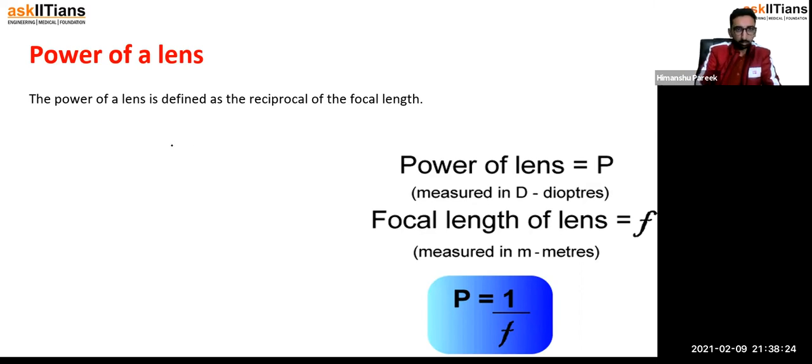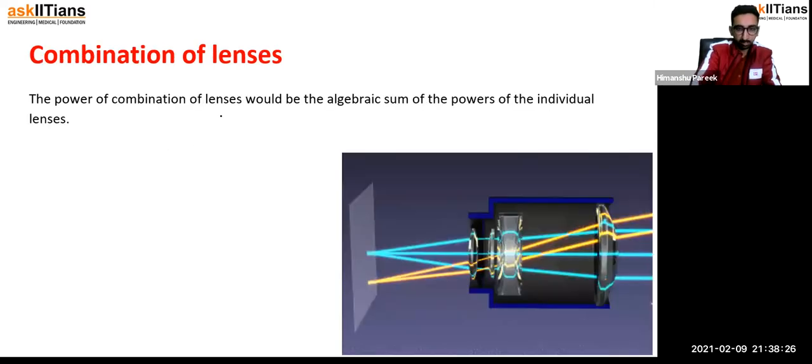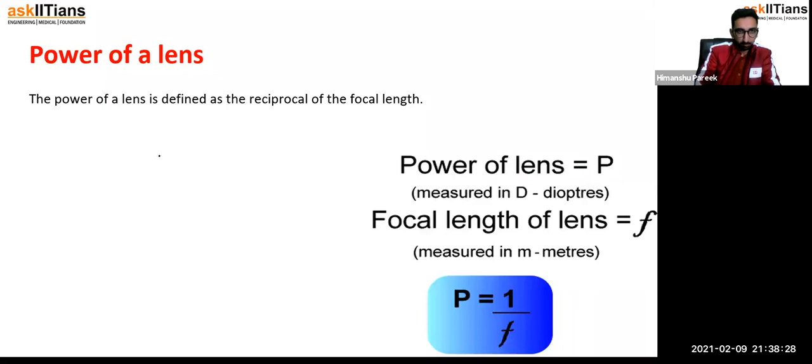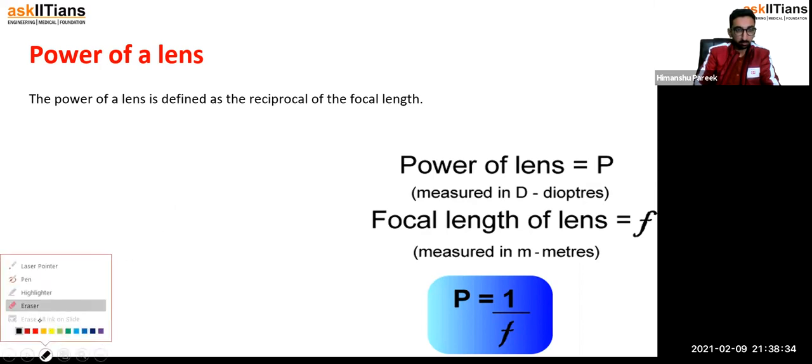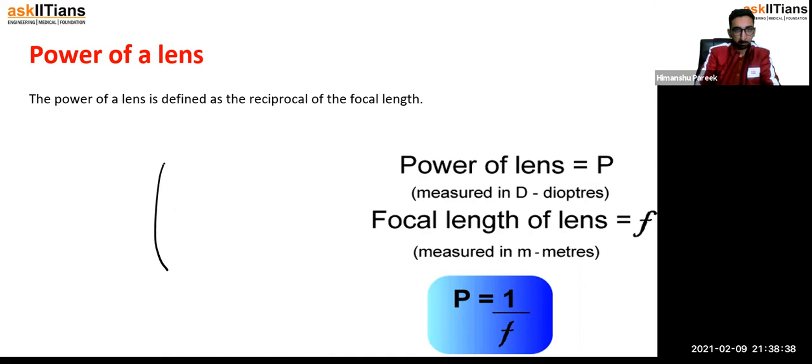Suppose I give you one convex lens, let's say that's my convex lens. Here, as you can see, in this convex lens I will bring the parallel light rays. And what does the convex lens do?